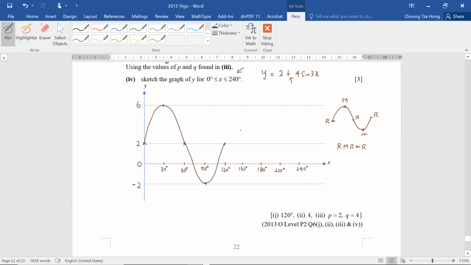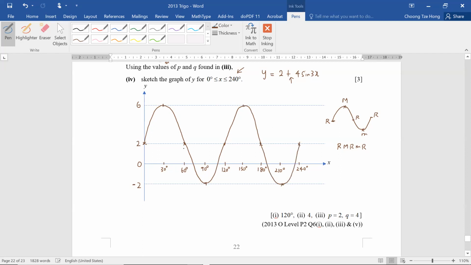At 150, it will go to maximum. At 180, it goes back to rest. At 210, it goes to minimum, and at 240 it goes back to rest. So go up, come down, go down, come up, and then finally go back.